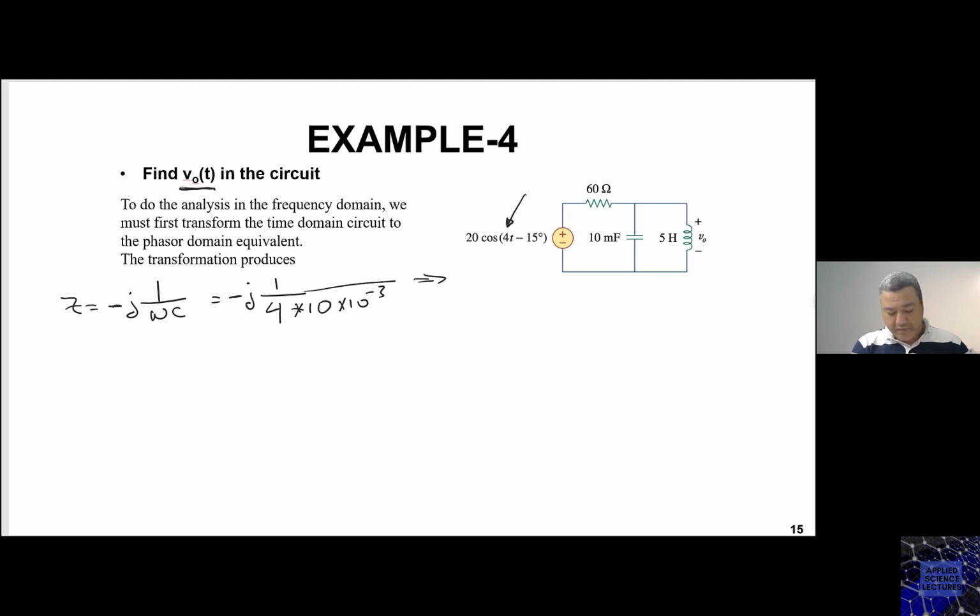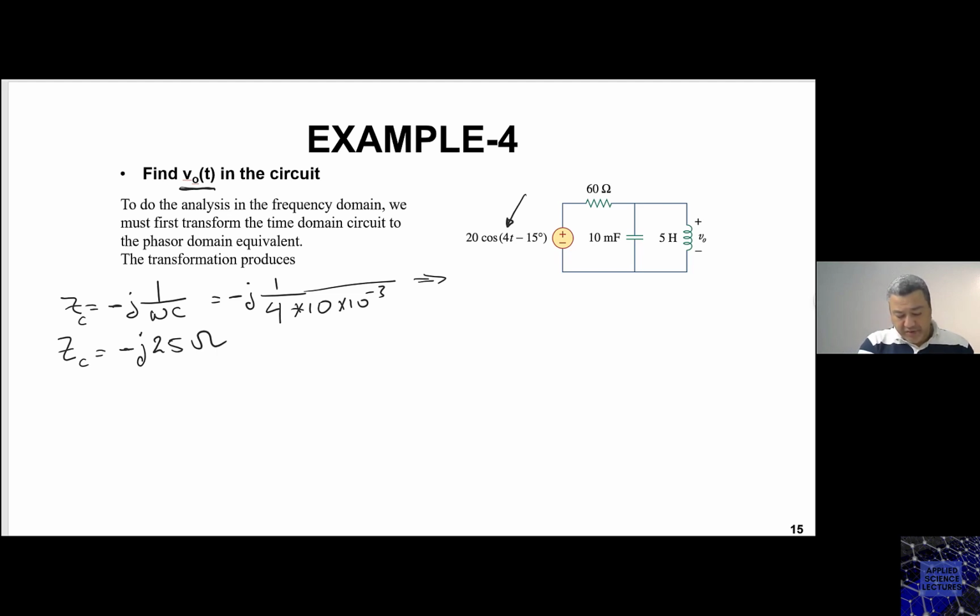So Zc in this case is minus j25. Always keep in mind that the impedance for the capacitor will always have to be negative reactance. It has to be negative reactance.